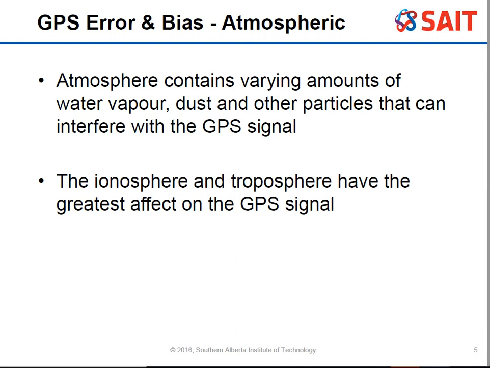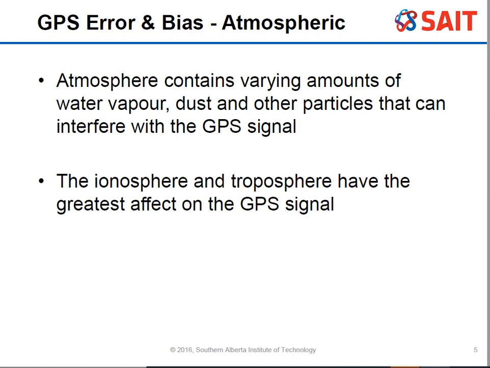It's not that it blocks the signal, but it can cause it to bend, called refraction. It can lose energy, like absorption. It can scatter and then scatter around within the atmosphere, which adds more error.